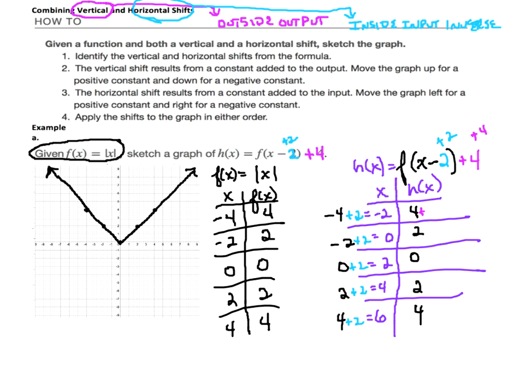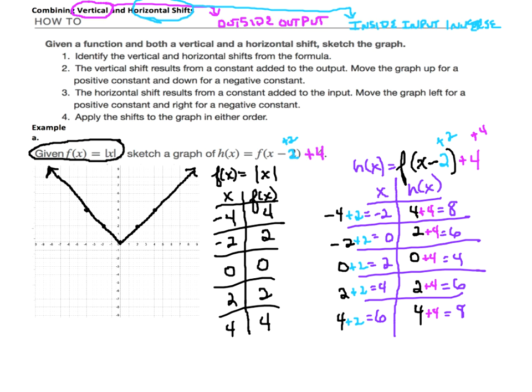My output values need to be shifted up 4, up 4, up 4, up 4, up 4, for my new output values of 8, 6, 4, 6, 8.